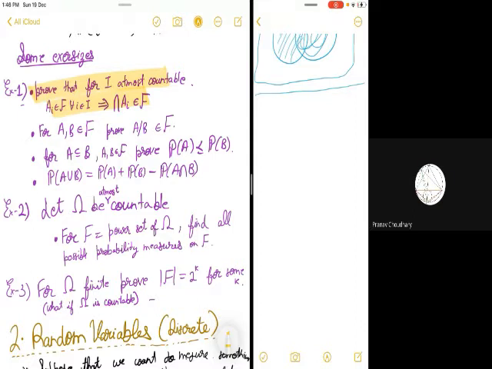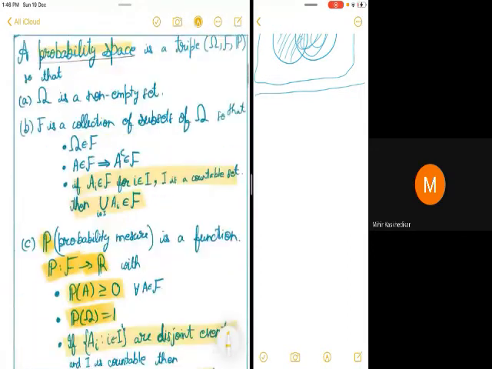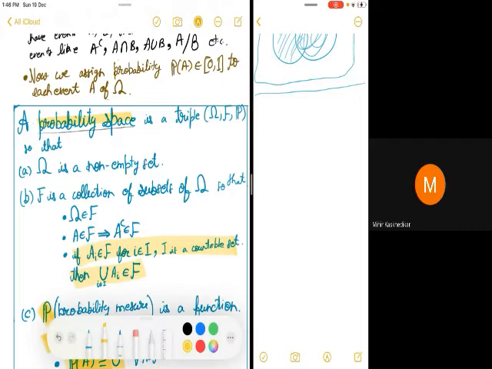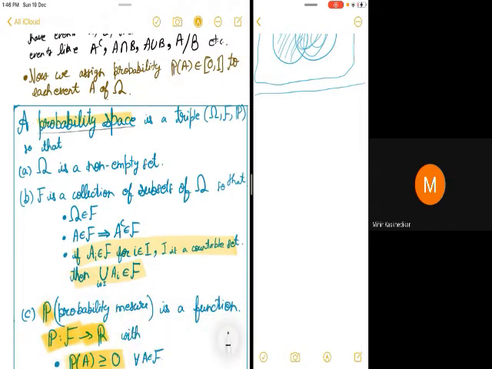Yes. Can you take again the definition of F? Yes, sure. So we have a sample space, capital omega, and then events are defined as the subsets of capital omega, and F is the collection of subsets of omega, so that the whole set omega belongs to F. So this is the first thing.